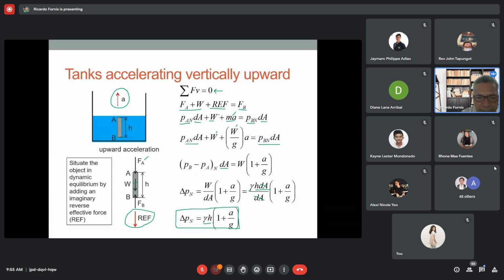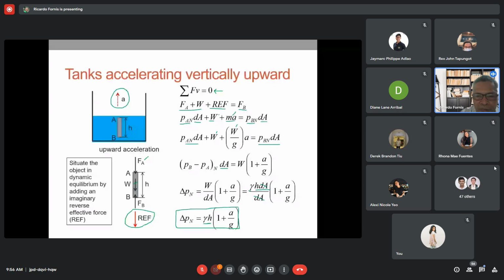Meaning to say, if the tank is accelerating upward, the difference in pressure will increase, and the factor is 1 plus A over G. If the tank is accelerating downward, I will not present the derivation anymore.